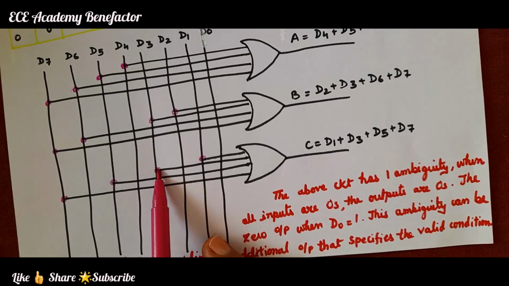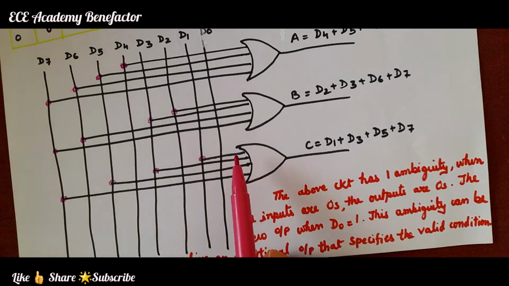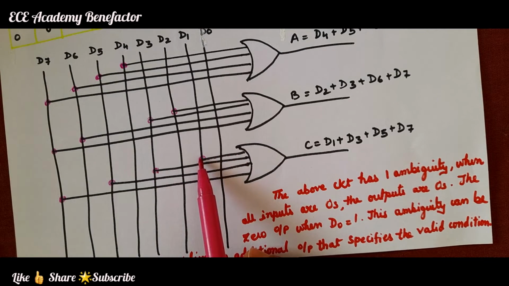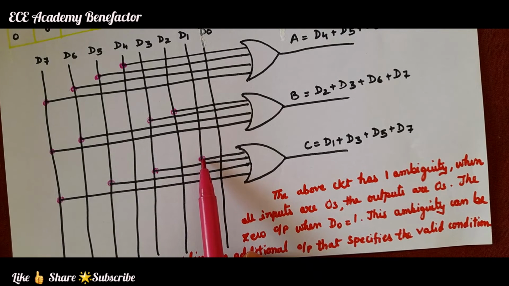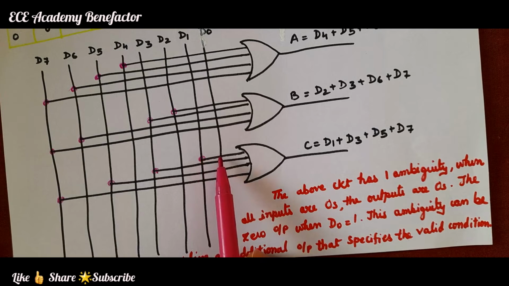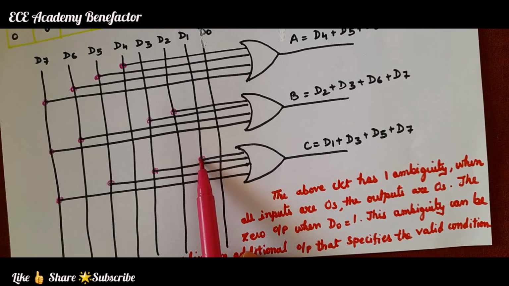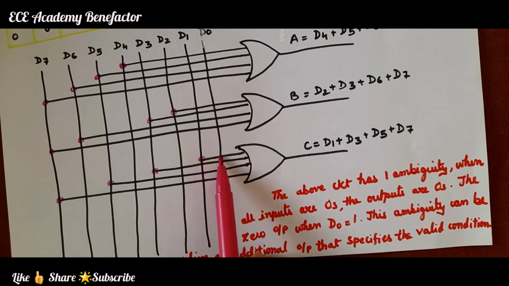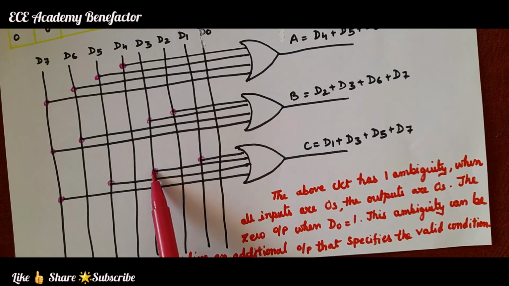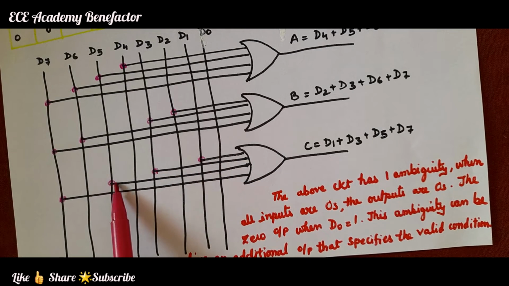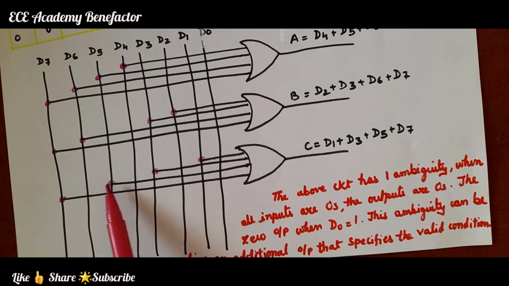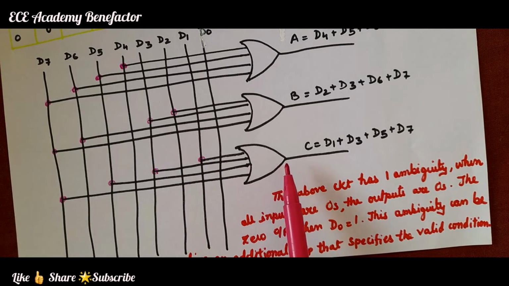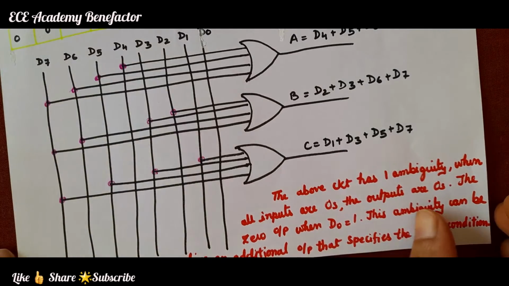We need to darken these points so that it indicates that the input is connected to D1. If you are not darkening, it means there will be ambiguity whether you are connected to D0 or D1. If you darken, it is clear that the input is coming from D1, then from D3, then from D5, then from D7. D1, D3, D5, D7 are given to an OR gate to generate the C output.